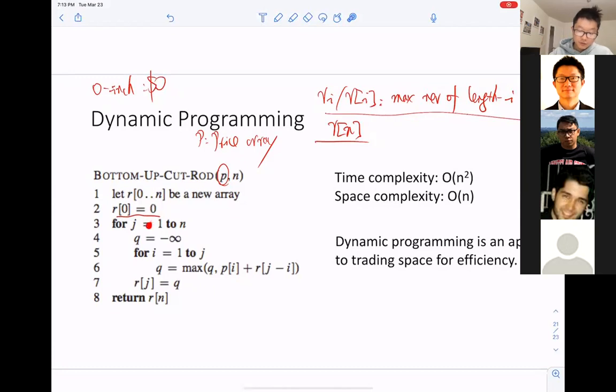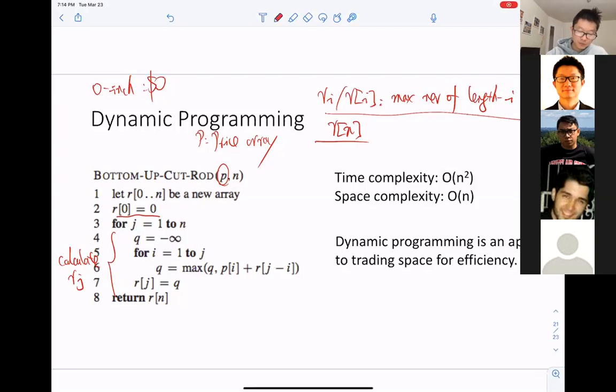And then next, for j starting from 1 to n, let's go over it slowly, okay? In each iteration we want to calculate Rj, which is the maximum revenue for a rod of length j.